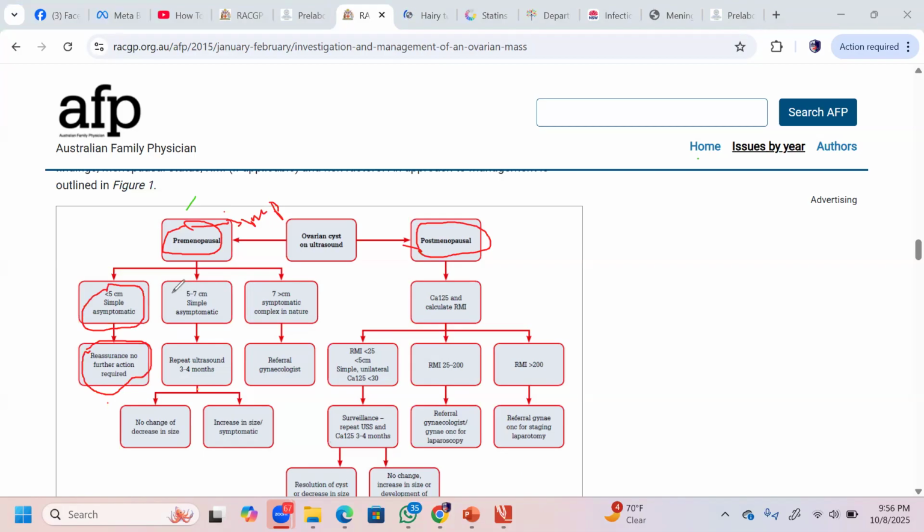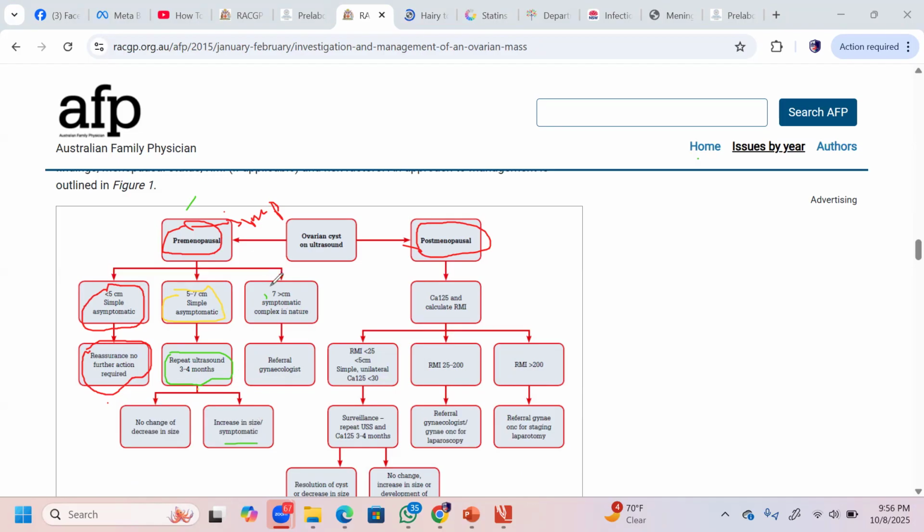And if the cyst is between 5 to 7 centimeters, simple asymptomatic cyst, you will go for repeating ultrasound every 3 to 4 months. If the size is increased and symptomatic, you will refer to a gynecologist.